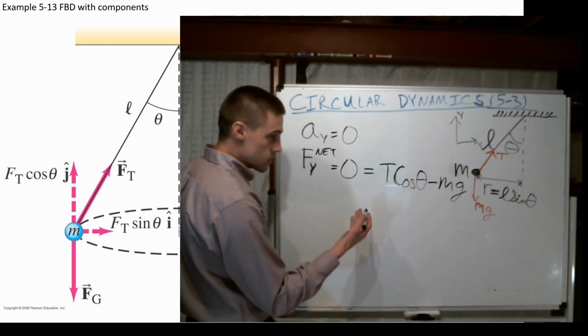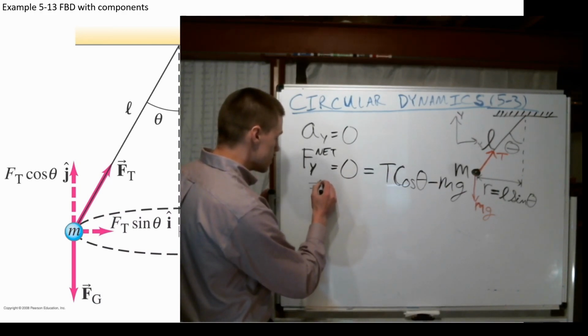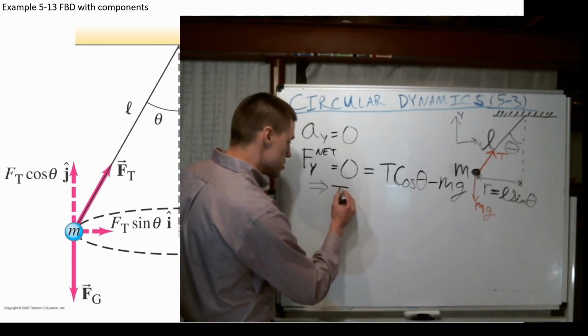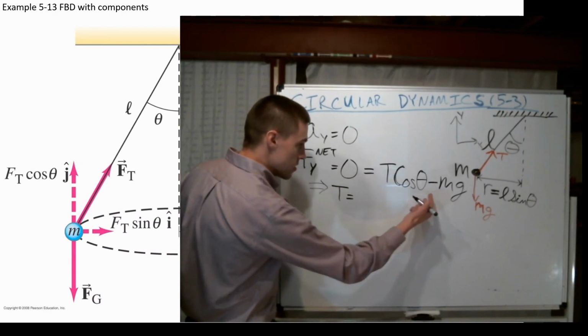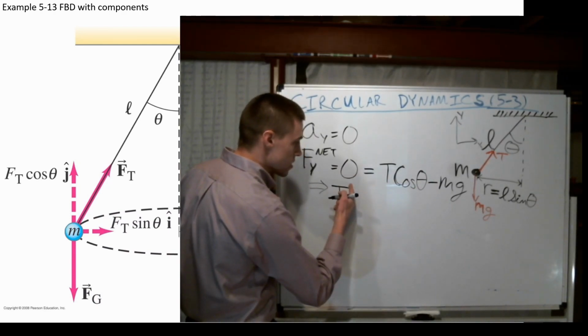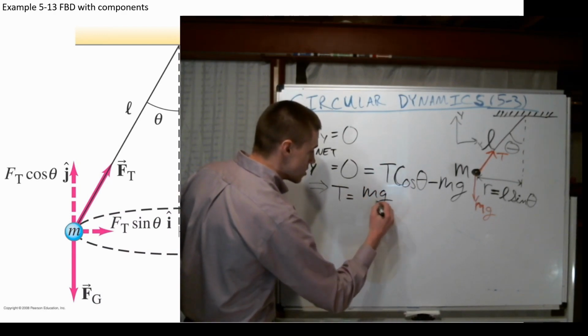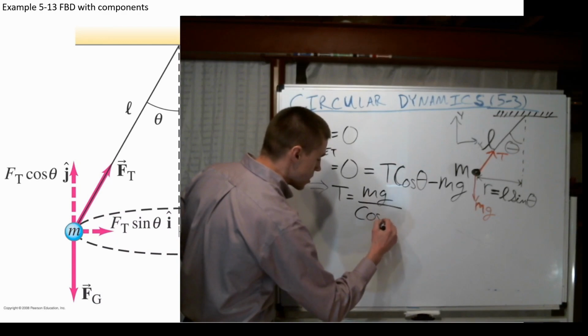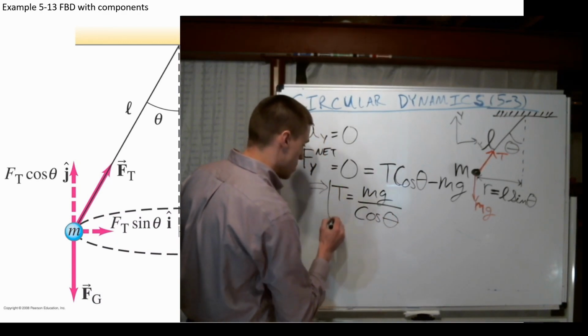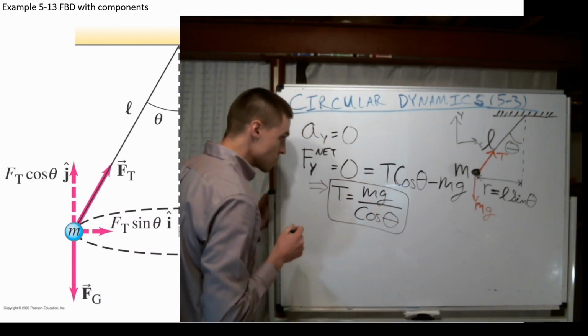This is useful because I can solve this to get the tension. Adding mg to both sides of this equation and dividing by cosine theta, tension is mg divided by cosine theta. So that's helpful.